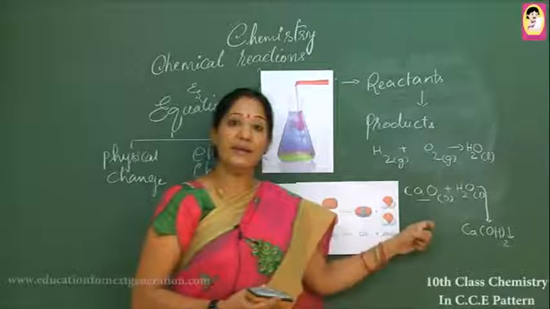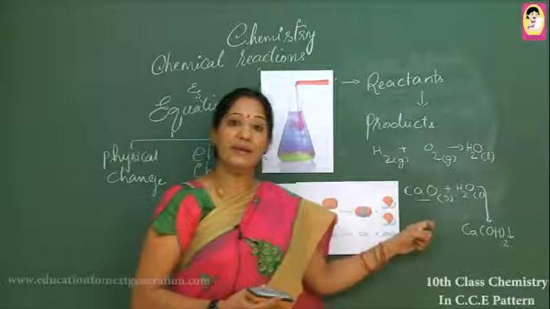When you are balancing the equation, the very first step is to write down the skeletal equation. That means hydrogen reacts with oxygen to give rise to the water molecule. Here we are not representing anything about the number of atoms on the reactant side or the product side. The next step is balancing the hydrogen atoms.